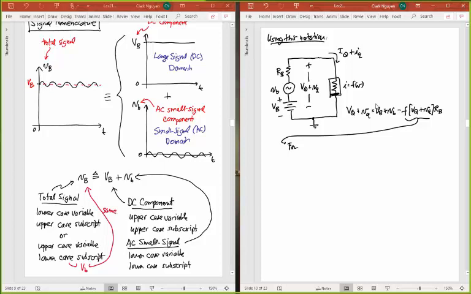For this, we can use a Taylor series approximation for f of v around a bias point V is equal to capital VQ.